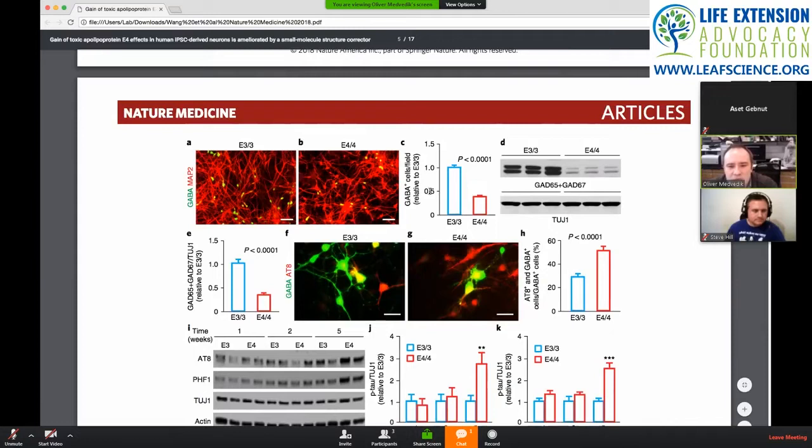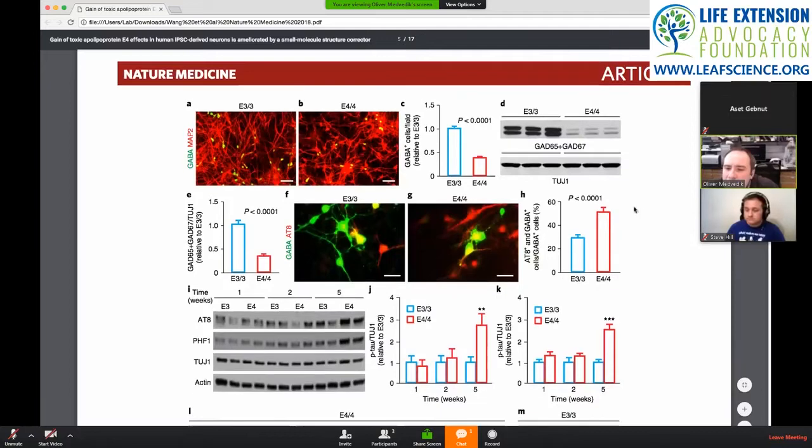And as they do so, you get fewer GABAergic cells coming out the other end if you have the E4 version, right? So that's probably detrimental to the formation of GABAergic neurons.